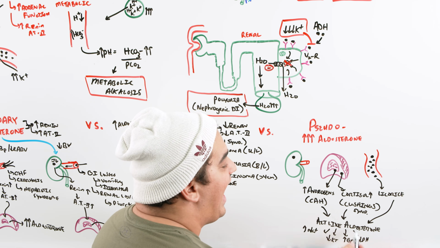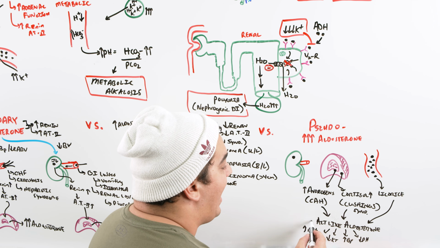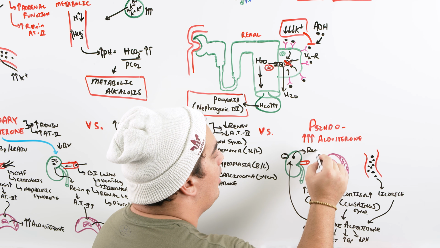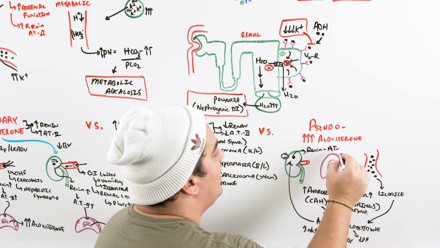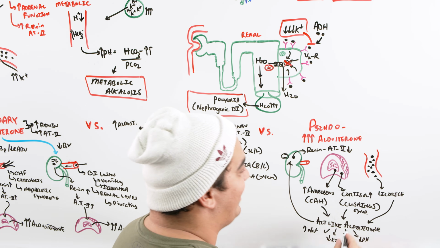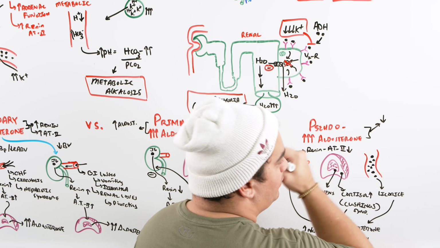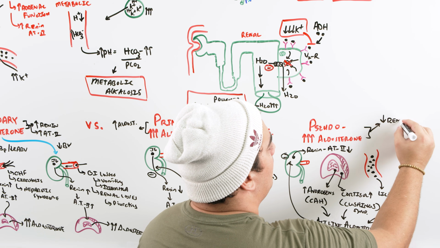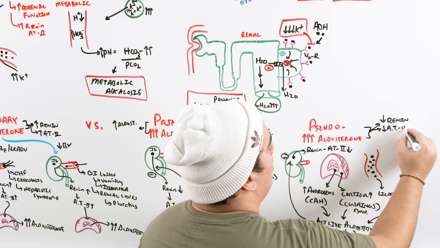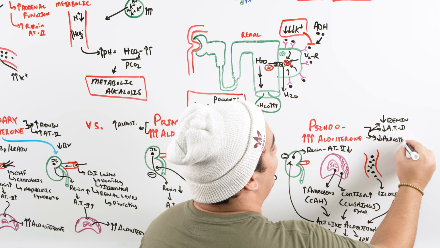But because these have this kind of weird aldosterone-like activity, they have the ability to suppress renin and angiotensin II production. So this will drop. So what's really weird about this disease is that you will have low renin and angiotensin II, but you will also have low aldosterone.